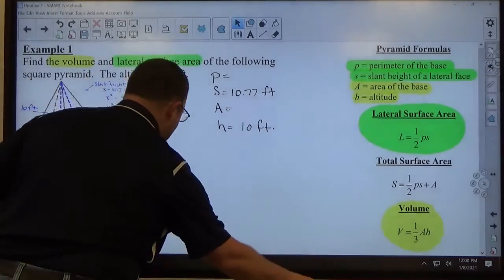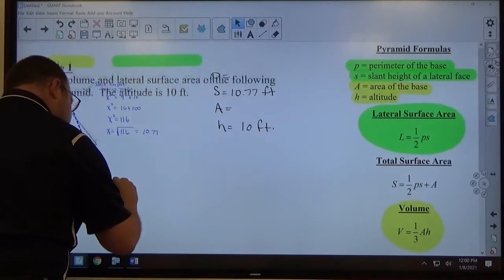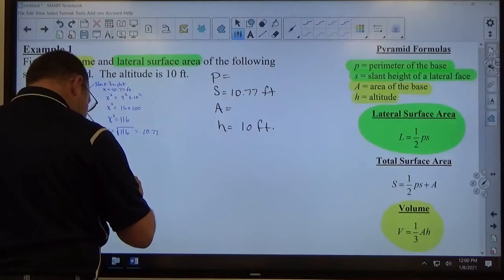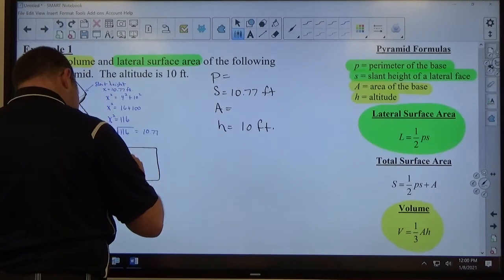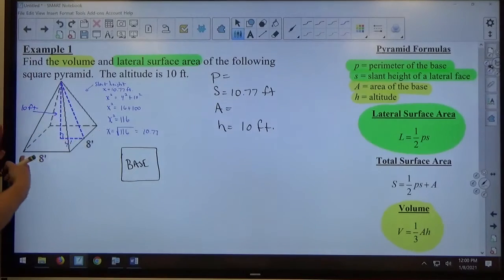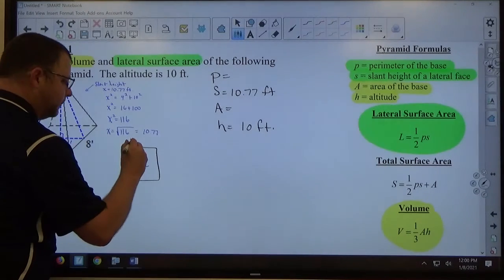Here we go. So if I draw the base, which is a square, the base dimensions are 8 feet by 8 feet.